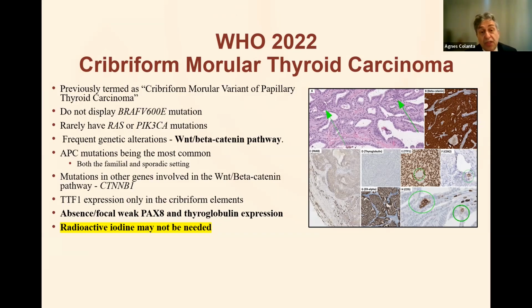That's why when they occur within the setting of familial adenomatous polyposis, the APC gene is not functioning, and the beta-catenin is accumulated in this tumor. Any problem in the beta-catenin pathway will lead to beta-catenin accumulation and is typical of this entity.